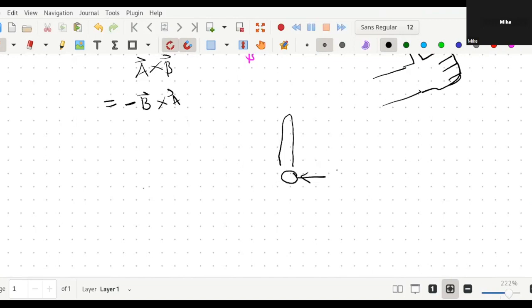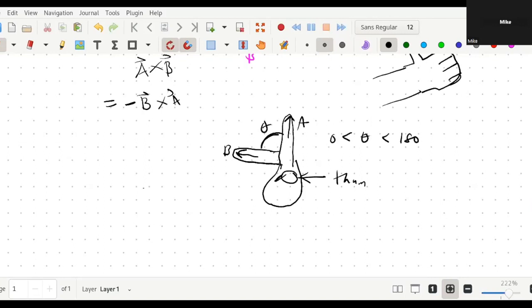The angle between the two, theta, is going to be between 0 and 180.